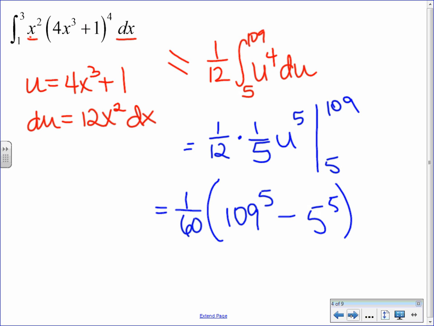Just thought it'd be easier for my calculator when I go to plug this in. Well, 109 to the 5th is probably pretty easy. Okay. 2, 5, 6, 4, 3, 7, 2, 7, 5, 27. Yep.